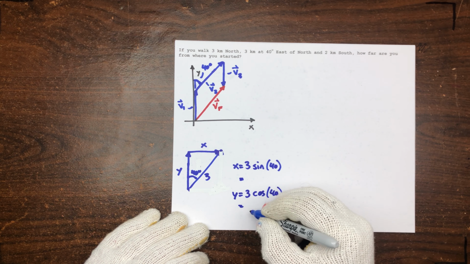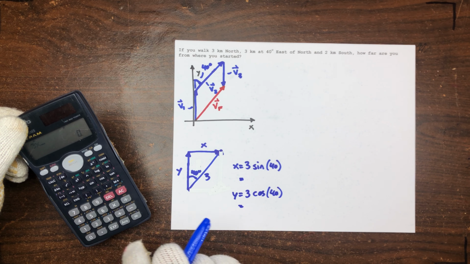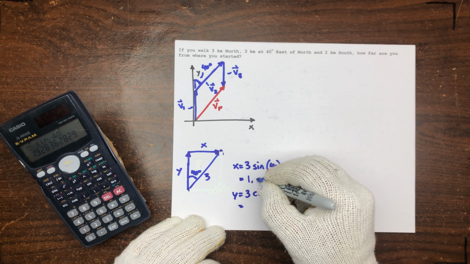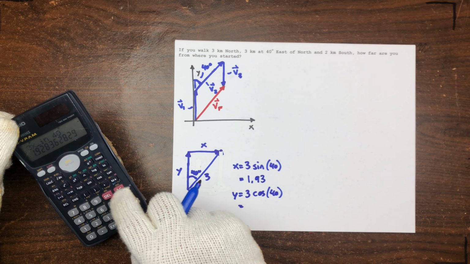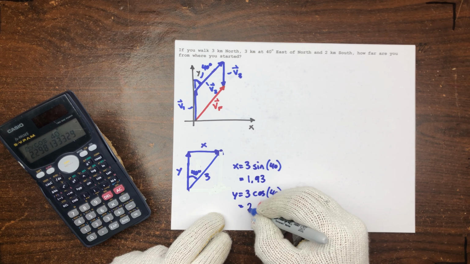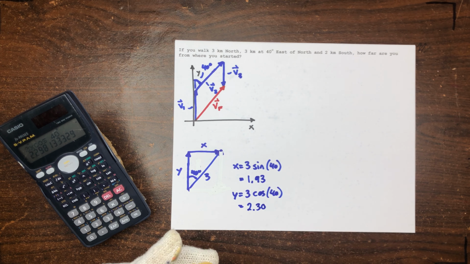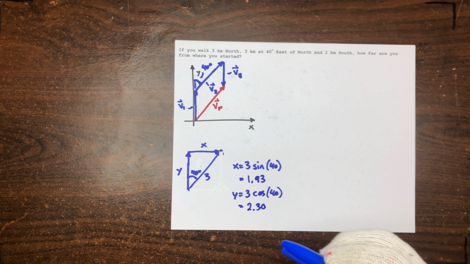And those numbers will be 3 times sine of 40 is equal to 1.93, and 3 times cosine of 40 is 2.30. I have my components. Let's write down the equation now.